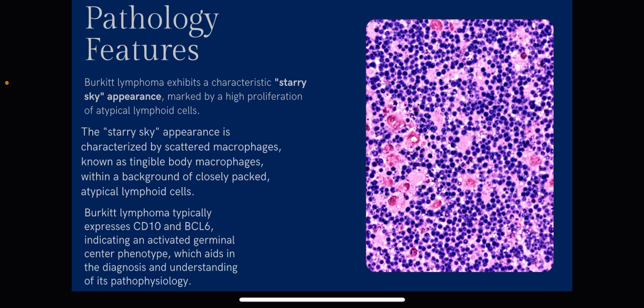Burkitt lymphoma typically expresses CD10 and BCL6, indicating an activated germinal center phenotype, which aids in the diagnosis and understanding of its pathophysiology. You can see the histopathological feature in the picture given.